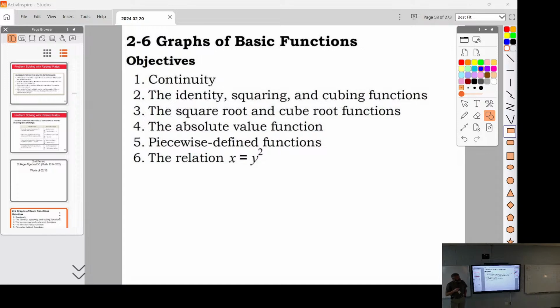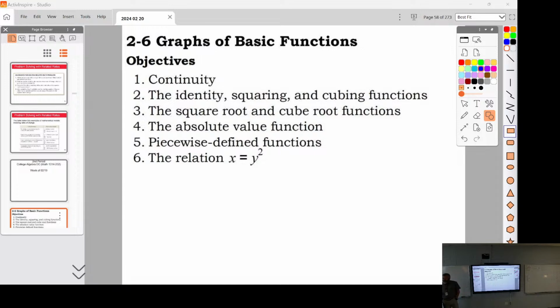The identity function, we've talked about that. That's y equals x. Squaring function, y equals x squared. Remember, mathematicians are not very creative when it comes to naming stuff. A cubing function, that would be y equals x cubed. Square root function, y equals square root of x. The cube root function, y equals cube root of x. The absolute value function, y equals absolute value of x.